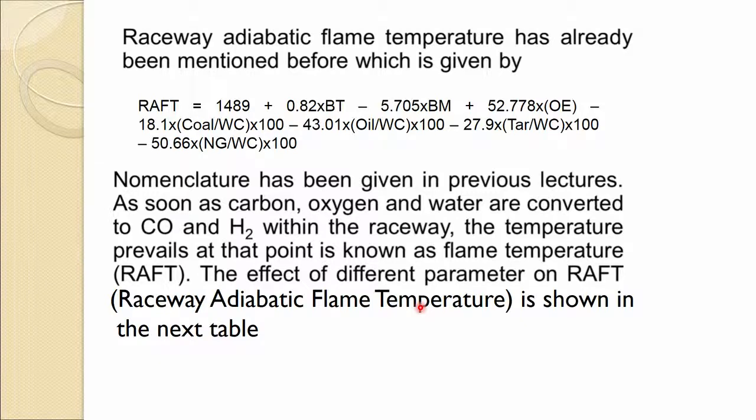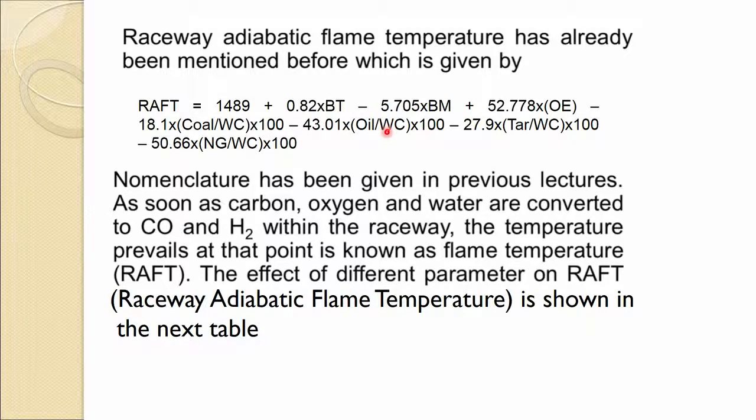So, the raceway adiabatic flame temperature, what is called RAFT, has already been defined or mentioned before. It is again reproduced here. So, RAFT, or flame temperature, in short what we call just flame temperature, is given by this, which was given before, and I think all the nomenclature has been given in the previous lectures.